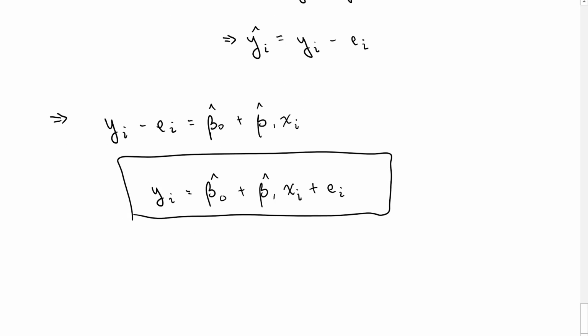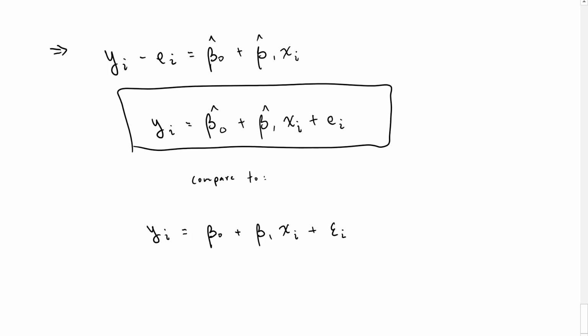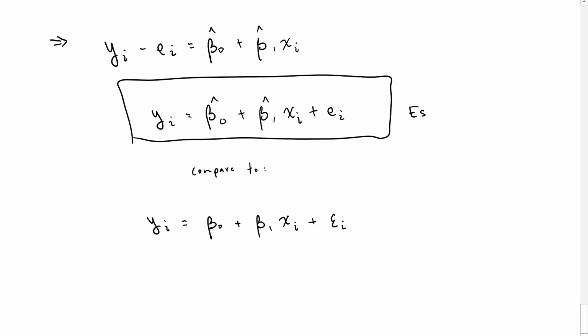Okay, and so ultimately we can compare that to where we started this entire chapter, where we had the true yi equal to the true constant regression coefficient plus the true regression coefficient on xi plus epsilon i. So this is the estimated model, and this is the true model.